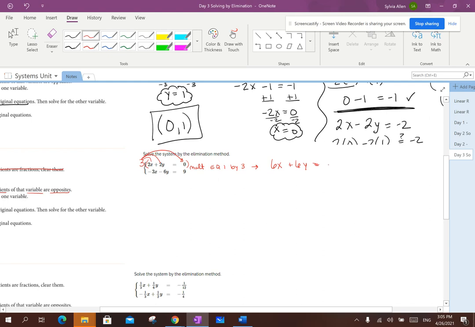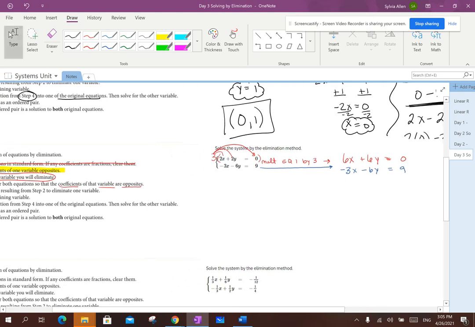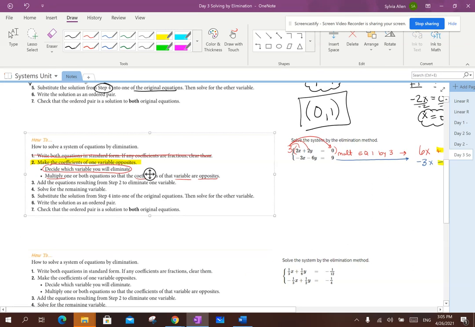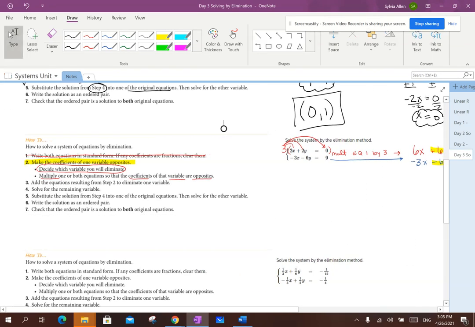Well, 0 times 3 is just going to be 0, so I luck out. And then I'm just going to copy down my next equation. That just stays the same, because now I've got the coefficients to be opposites. So even though it took me a little bit, I just had to multiply. I am now done with step 2.